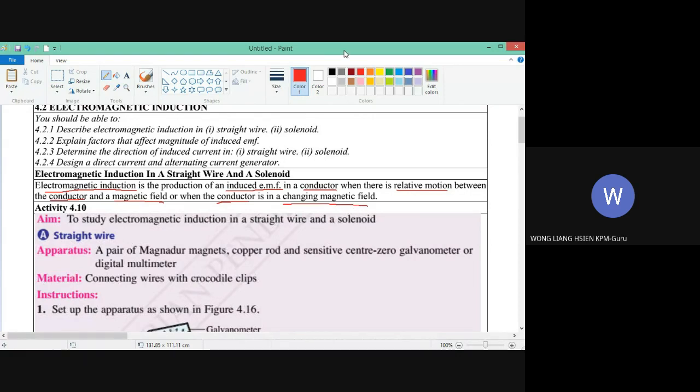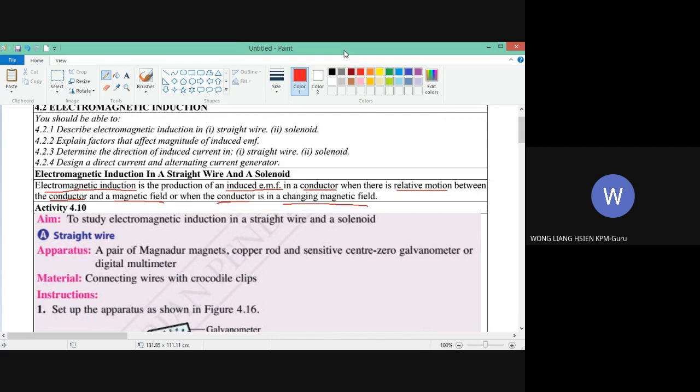So basically, electromagnetic induction is about how we can produce electric current by inducing an EMF. EMF is the source of energy for the current.